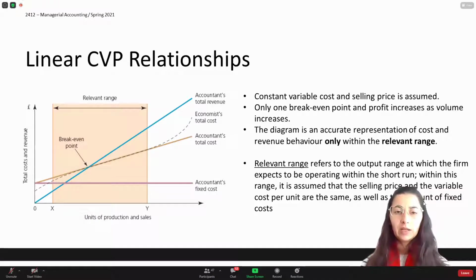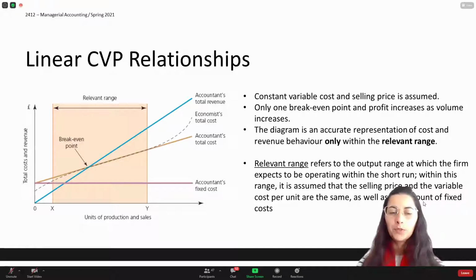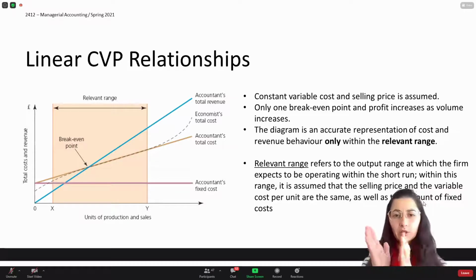The accountant's total cost assumes that these costs are fixed. For instance, when we look at the yellow line, the accountant's total cost is a straight line. That compares with the economist's total cost, which assumes economies of scale and that after a certain point, we need to incur extra costs.